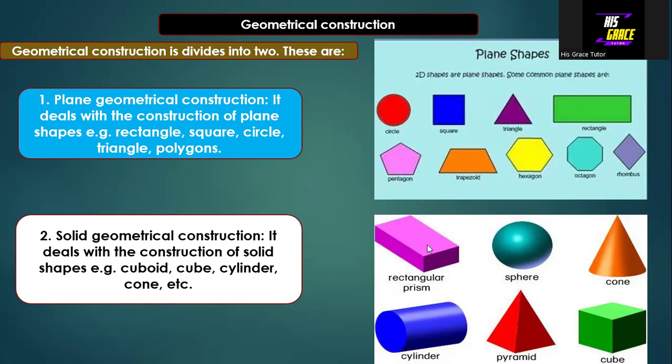Then for solid geometrical shapes, we have rectangular prism, sphere, cone, cylinder, pyramid, cube, and some others that I believe you know. So this is just to remind you of some of the things that were taught in your junior secondary school 2 on geometrical construction. Now let's go fully into our main topic, which is isometric drawing.